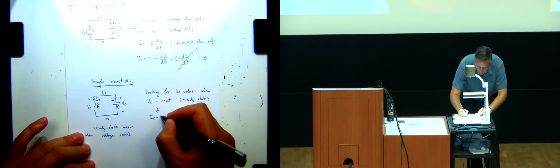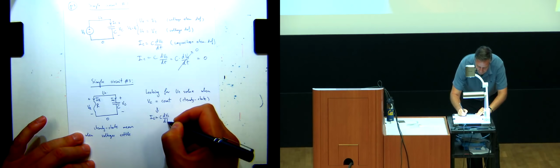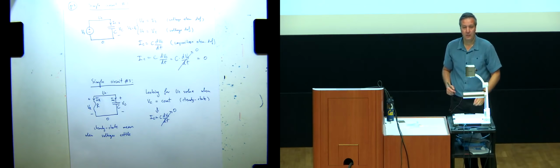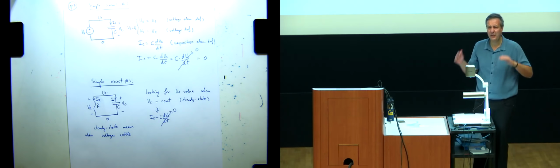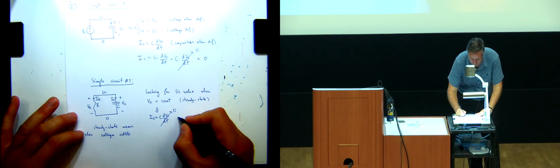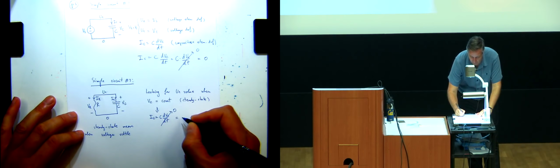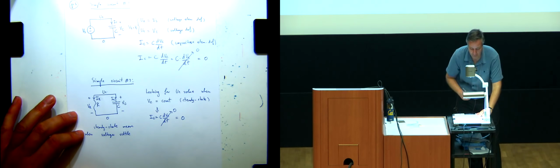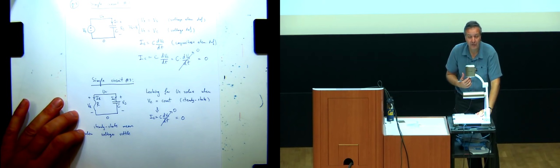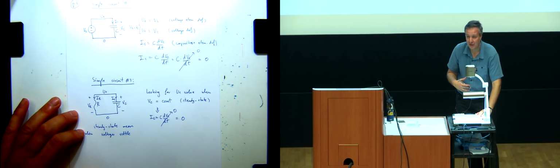IC equals C dVc/dt. This is 0, right? Because Vc is constant. I don't even need to know what value. It's just 0, right? The current is just 0. So, that means that if IC equals 0, that's very valuable information. Now I can go solve the rest of the circuit.